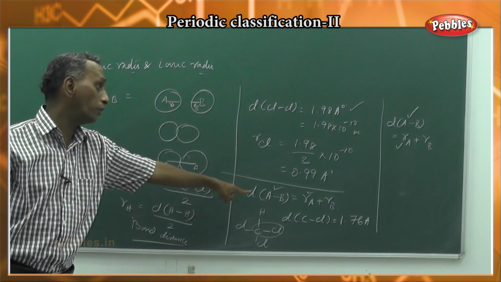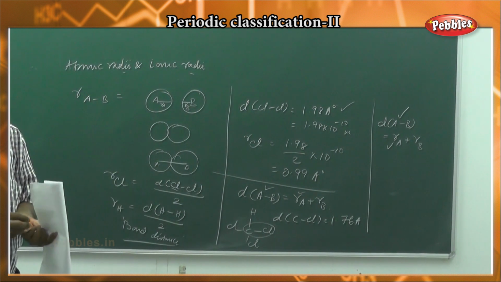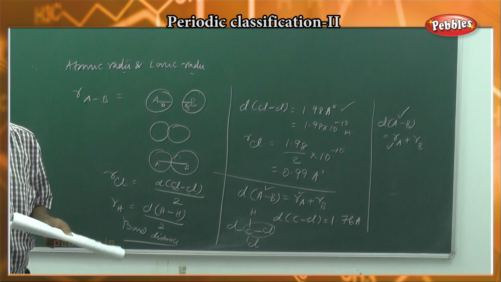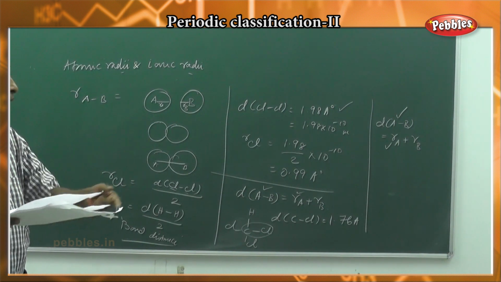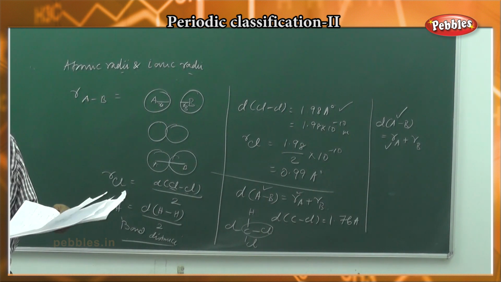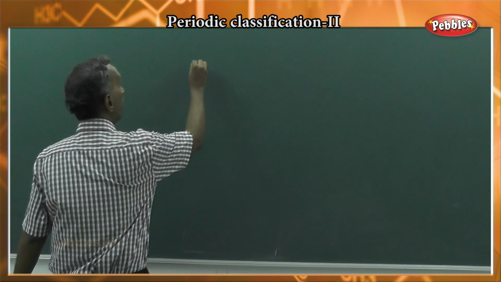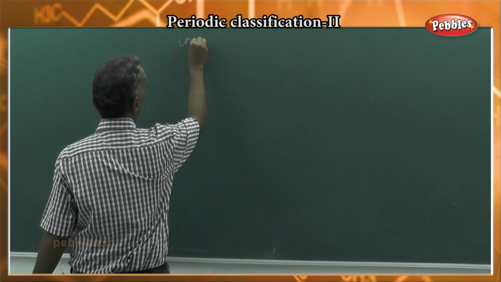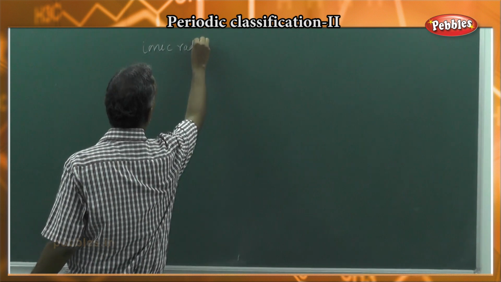For different atoms, the bond distance equals the sum of the radii of the two different atoms. That is to be noted. These calculations are to be noted with respect to atomic radii calculation in a molecule. So far we have seen about the atomic radii. Now we will see the radii of ions, or ionic radii.